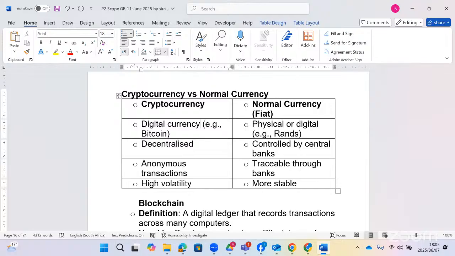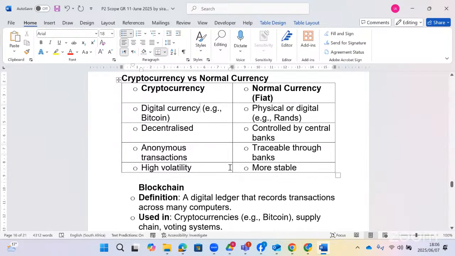It's always decentralized, in other words, no government has control over it. It has anonymous transactions and is highly volatile. The prices keep on changing. Like right now, you can get Bitcoin of more than 1 million, right? Physical is the normal currency, which is controlled by the banks as well.